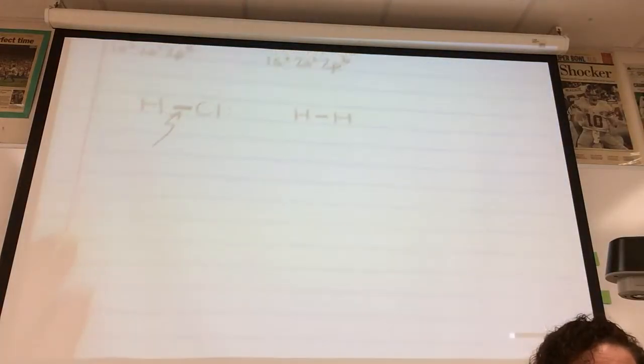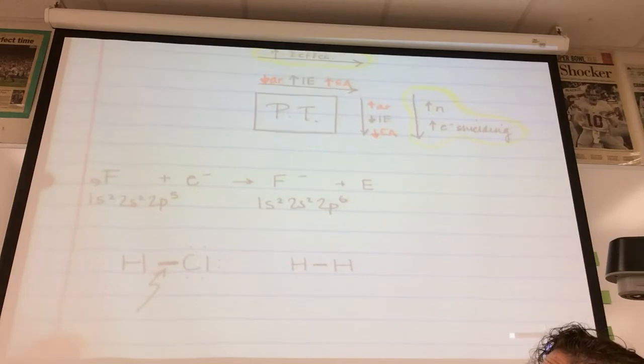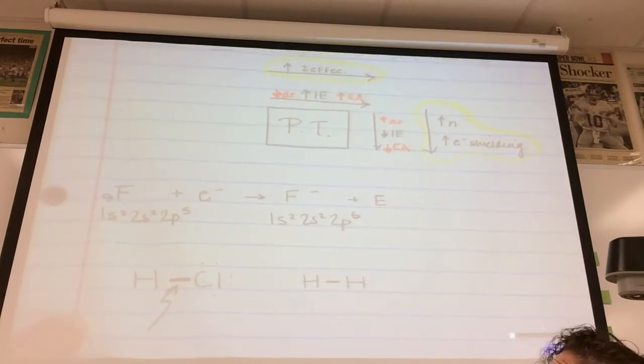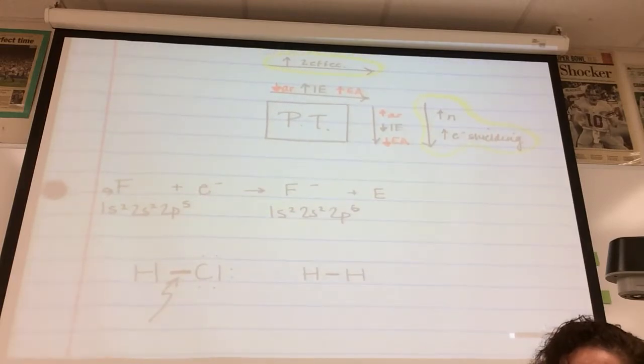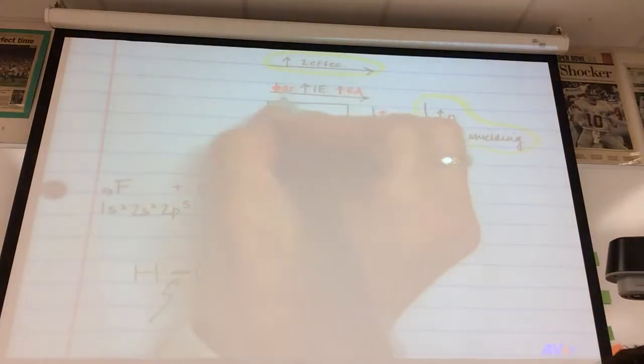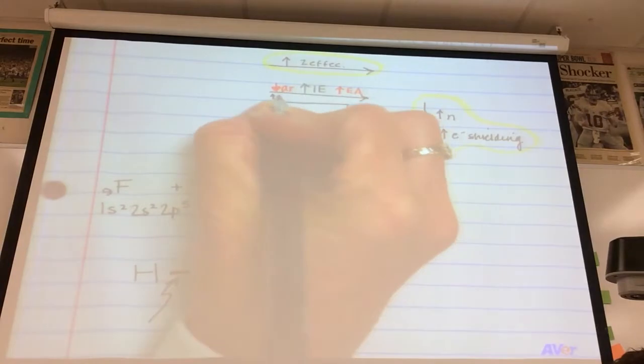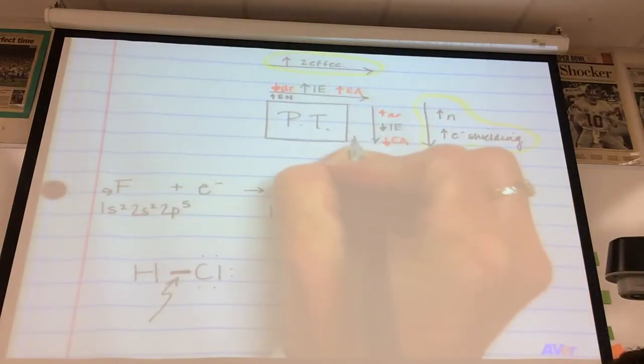So for example here, if we were to continue adding trends to our little periodic table, what you're going to find with electronegativity is that it increases across a period and decreases down a group or family.